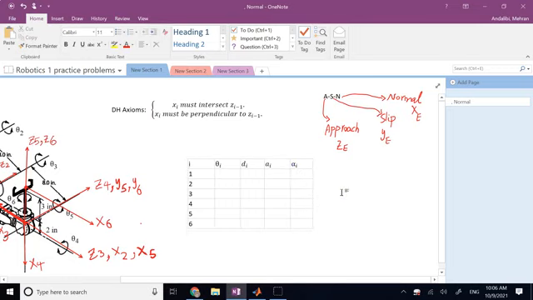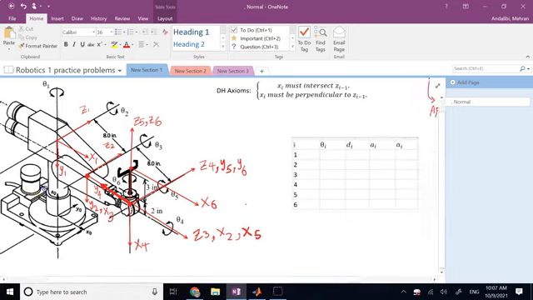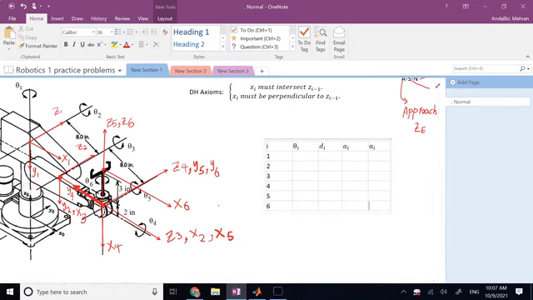So theta is the rotation about your z_{i-1} to align x_{i-1} with x_i. d_i is the displacement allowing z_{i-1} to go from origin of i-1 to origin i. a_i is the displacement allowing new x, x_i, to go from origin i-1 to origin i. And alpha_i is the rotation about x_i to align z_{i-1} with z_i.